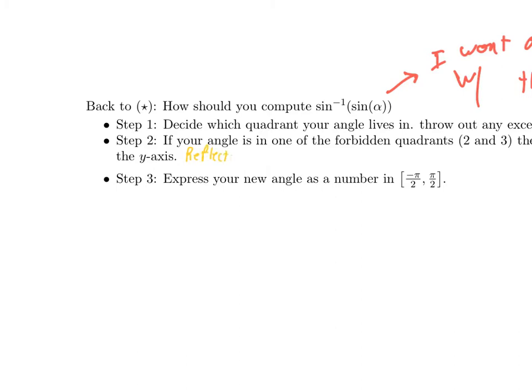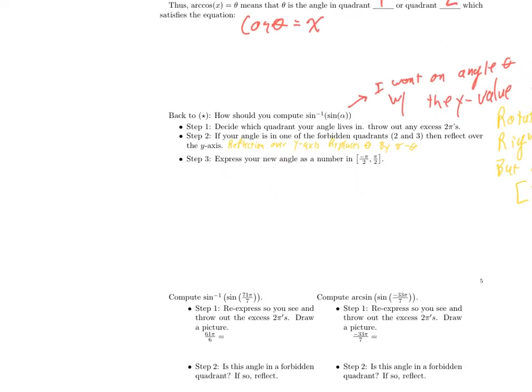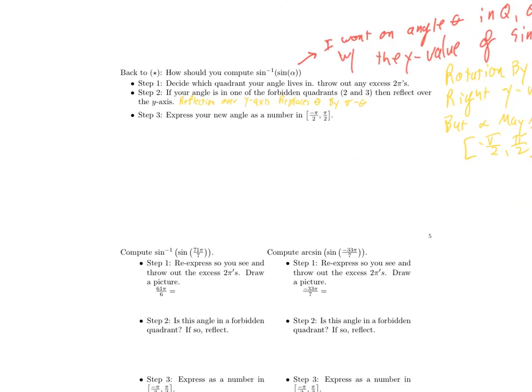Reflection over the y-axis replaces theta by pi minus theta. That'll give you an angle, and now just make sure it's in the right range.